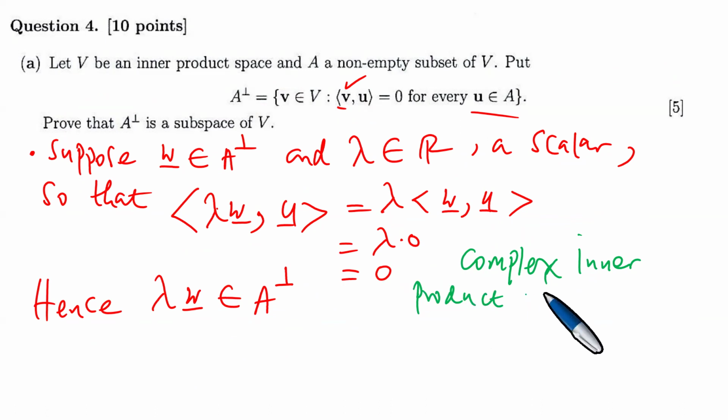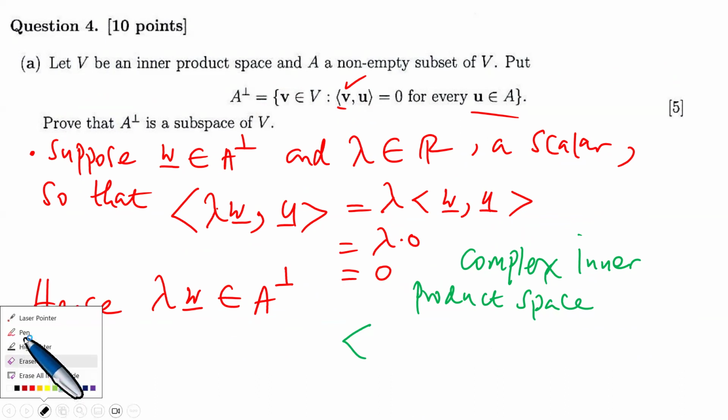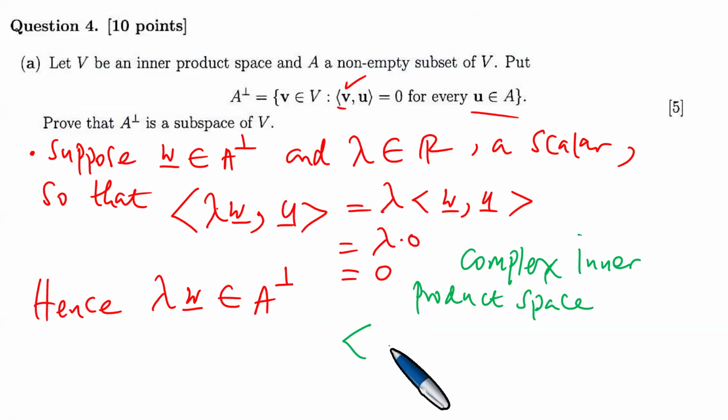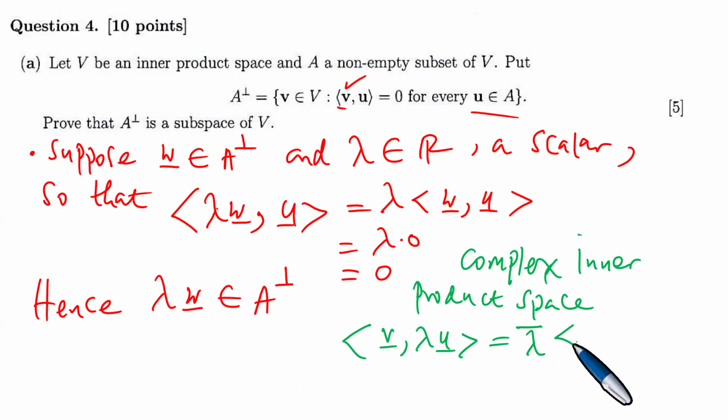What would the complex inner product space be? It would say, if you have V, then if you have lambda U, and this lambda is a scalar, if you take it out, it becomes like this.